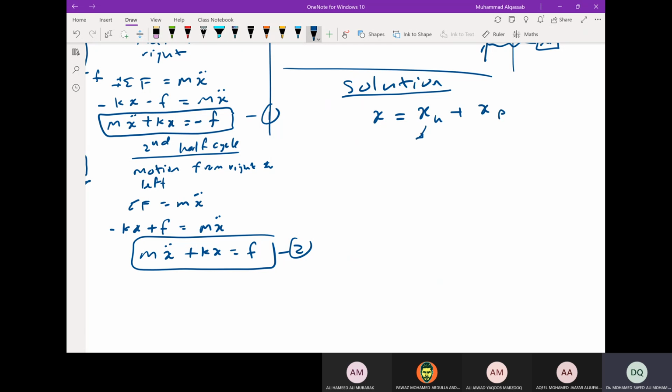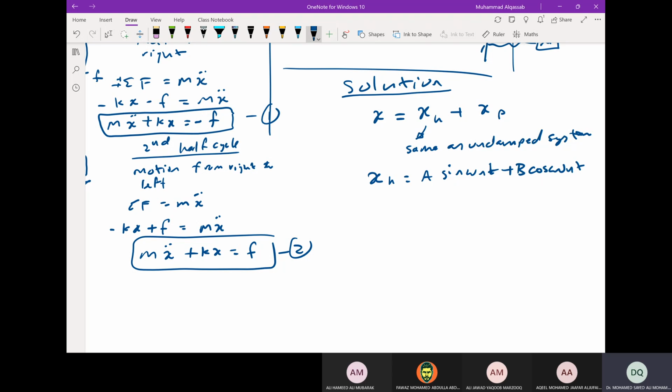Homogeneous is same as the undamped system, which is x_h equals a sine omega_n t plus b cosine omega_n t.